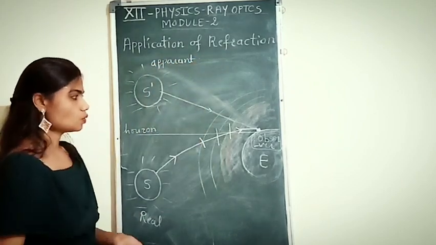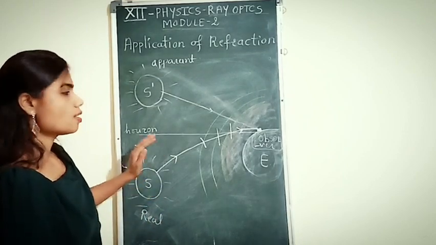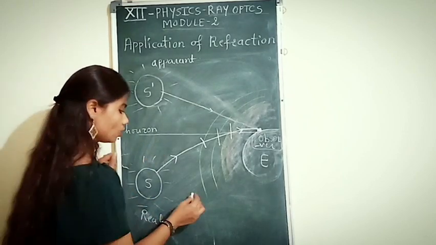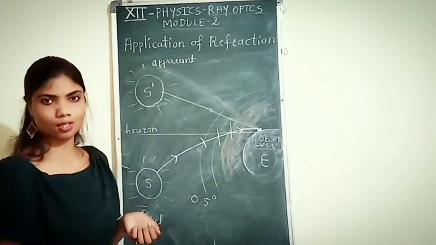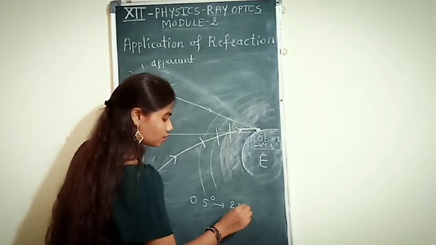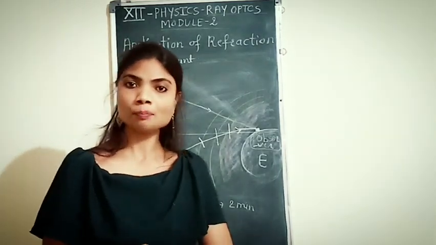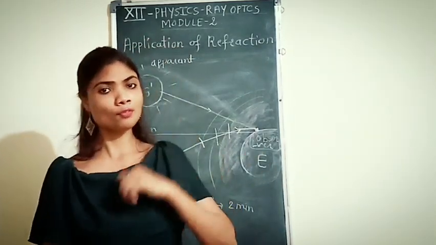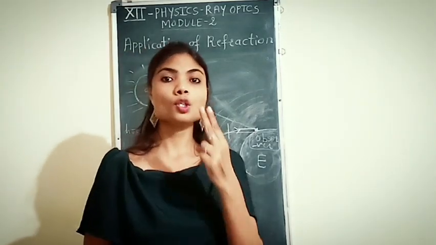Okay, so by this there is a shift of 0.5 degree, which leads to a time of 2 minutes. And therefore your sun becomes visible even before sunrise and even after the sunset for 2 minutes.